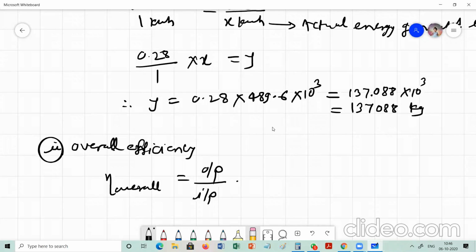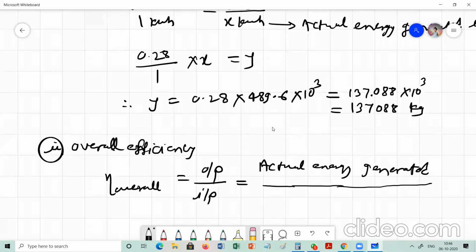Output is nothing but the actual energy generated, divided by the input, which is the heat of combustion of fuel.